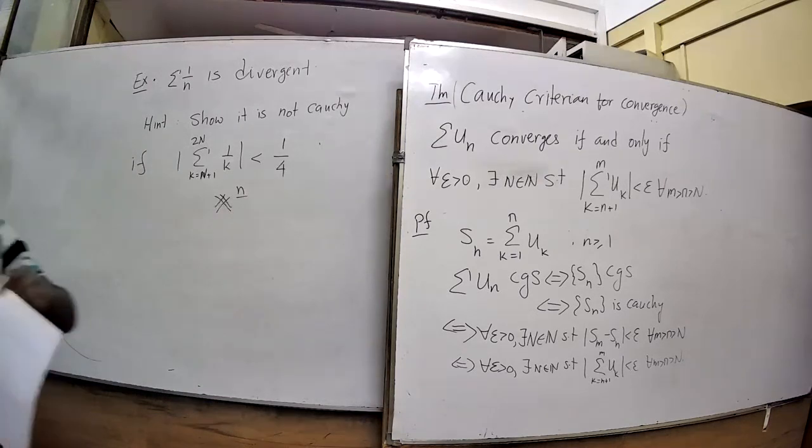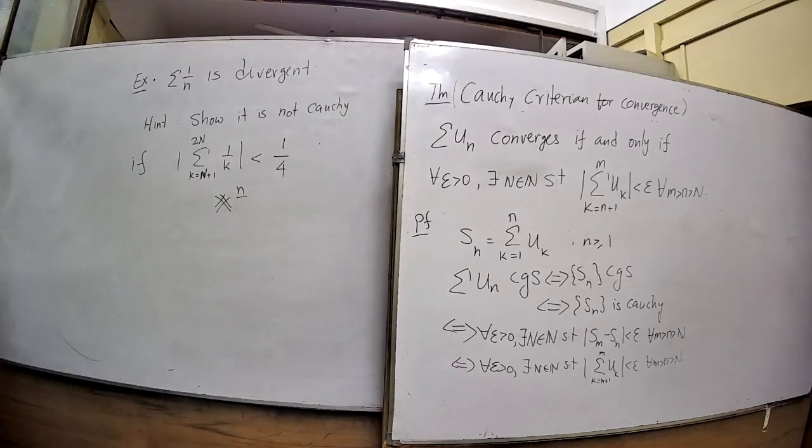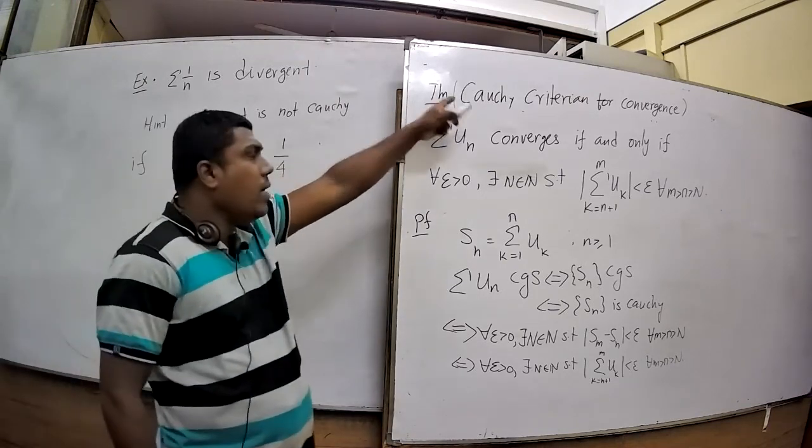If we have time, we will do it in the next class as well. You want to show the series is divergent, so you are going to apply this Cauchy criterion.